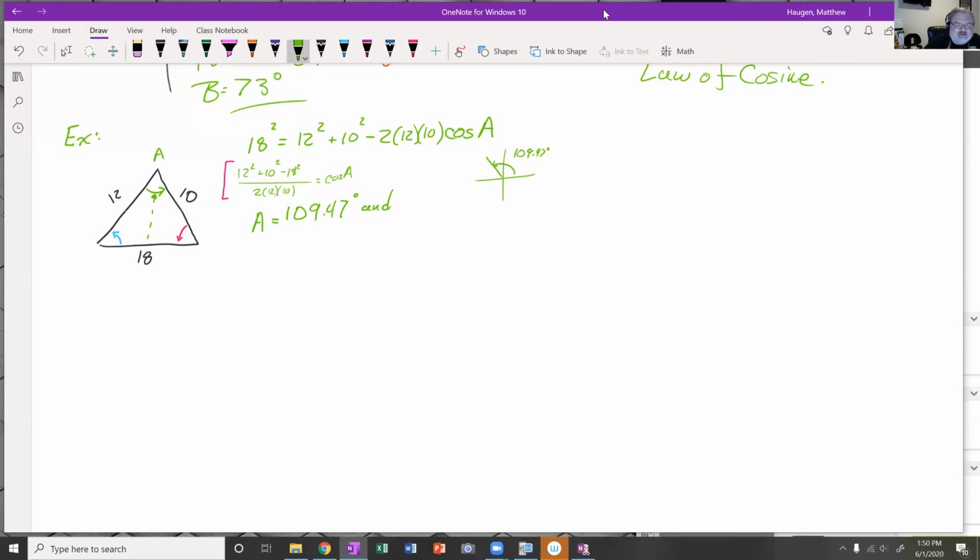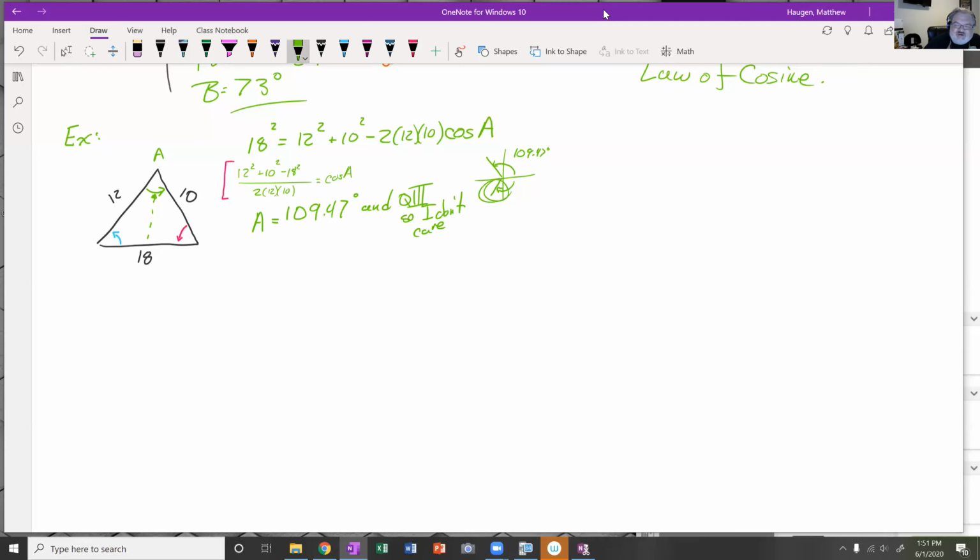109.47 degrees. And this is cosine, so the other answer is down here. So either negative 109 or something in quadrant 3, so I don't care.